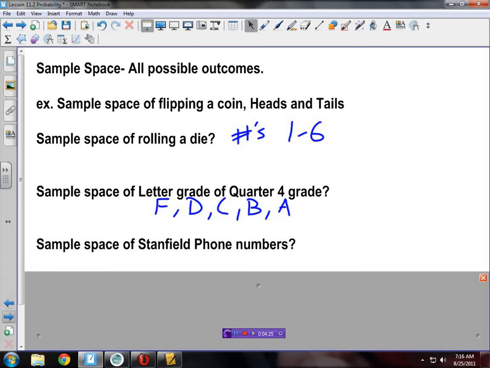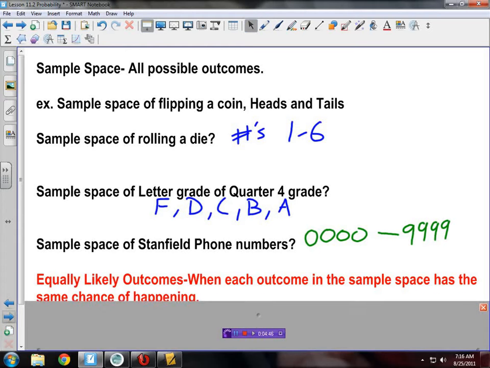What's the sample space of Stanfield phone numbers? Well, they all have the same prefix, so our sample space is going to be numbers 0000 through 9999. Those are all the numbers that could be in Stanfield.